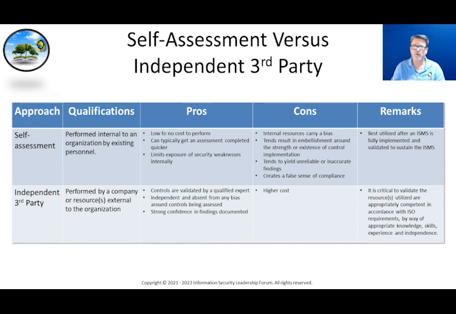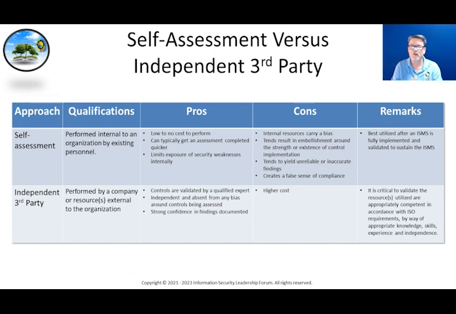We put this little chart together to put it all together. We'll go with the self-assessment and go across that row. The self-assessment is performed internal to an organization by existing personnel. On the pro side, it's low to no cost to perform.